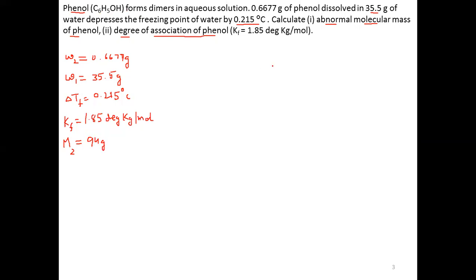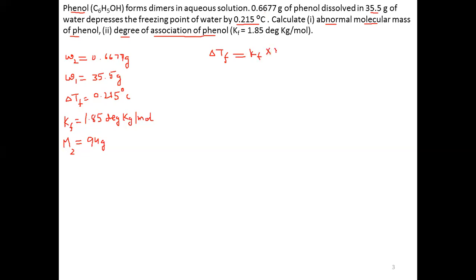The first part of the numerical says calculate the abnormal molecular mass of phenol, meaning the molecular weight calculated using this experimental value. We have a relation for this: delta Tf is equal to Kf into m. I will discuss later why it is an abnormal molecular weight.